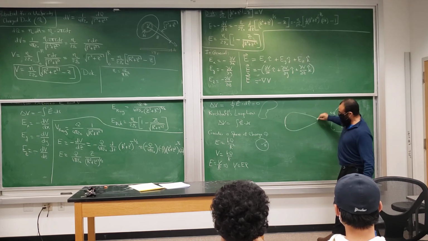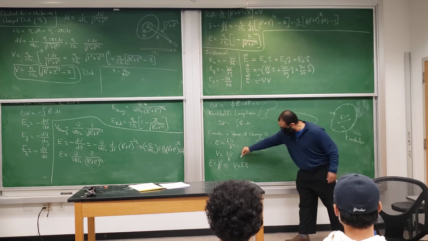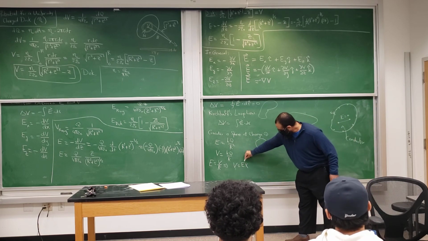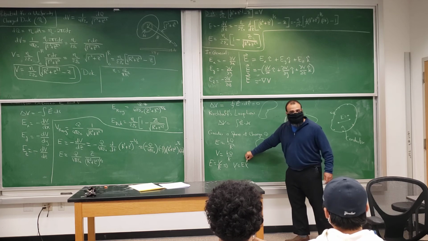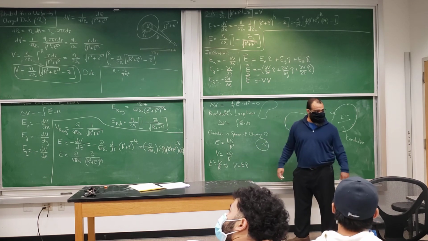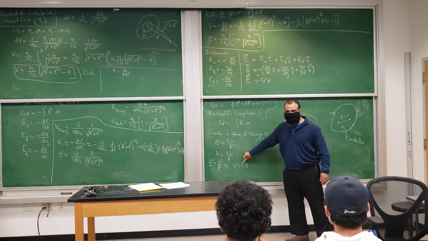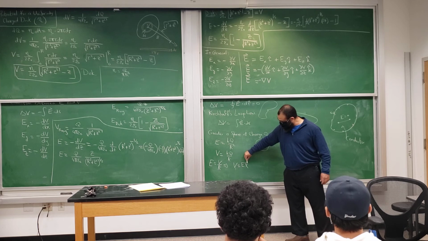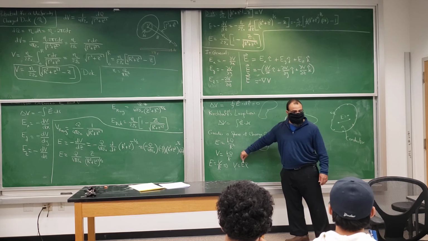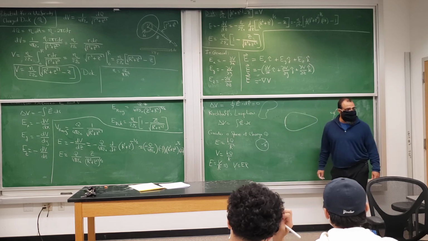And this whole conductor has the same potential, so it's the same V. So E times R will be a constant. The product of the electric field times the radius of curvature is a constant. If the radius of curvature is large, then E will be small. If the radius of curvature is small, then E will be large, so that the product will remain constant.